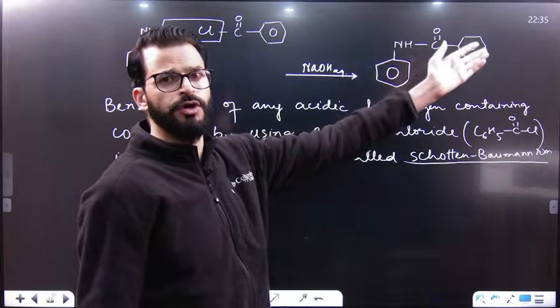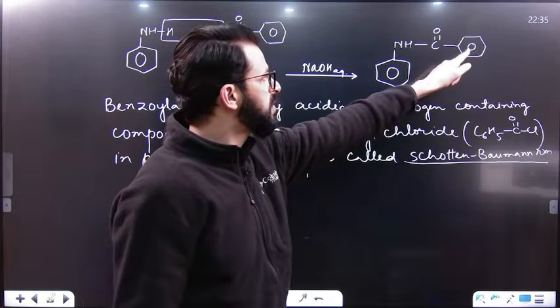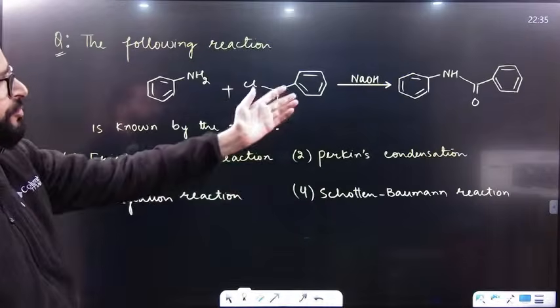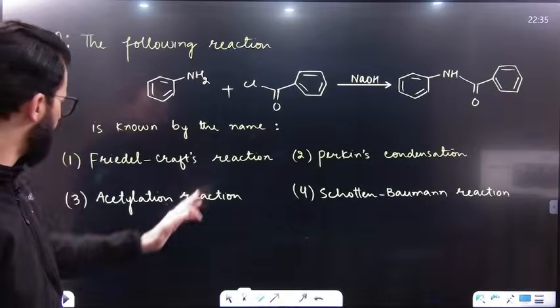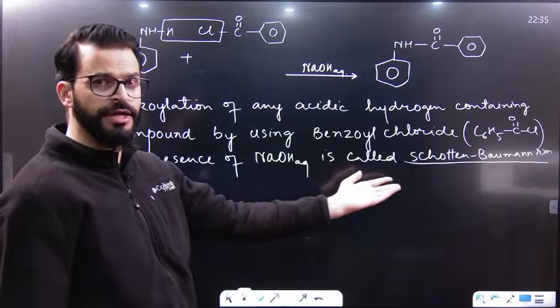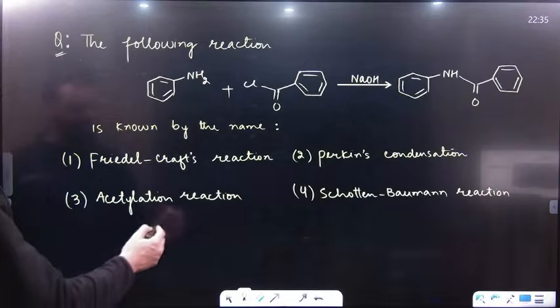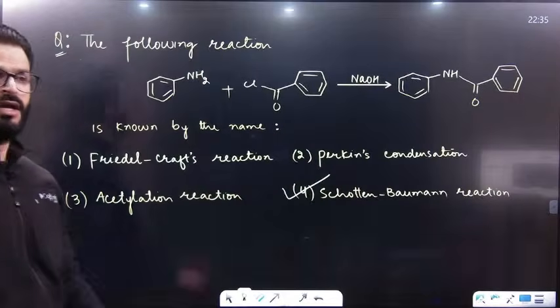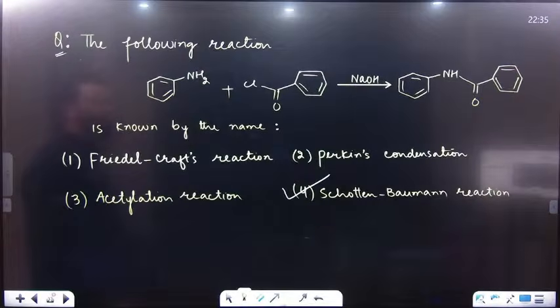Phenyl, NHCO and phenyl. That means this is benzamide, but this is N-phenyl benzamide. Now what is this reaction known as? I have already written over here. So this is Schotten-Baumann reaction. This is basically an asked question, so have a look how simple questions were asked.